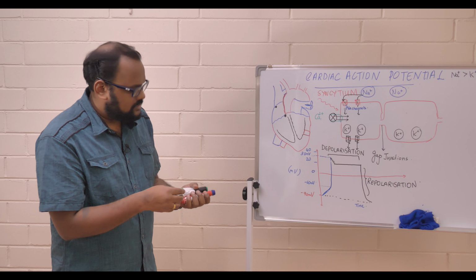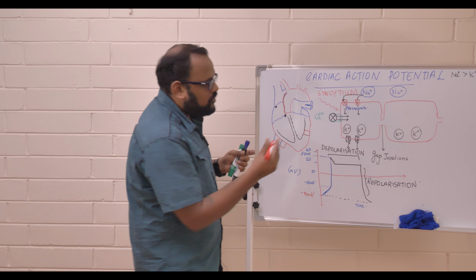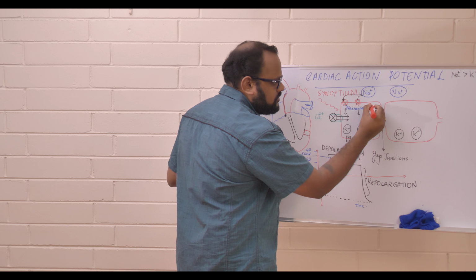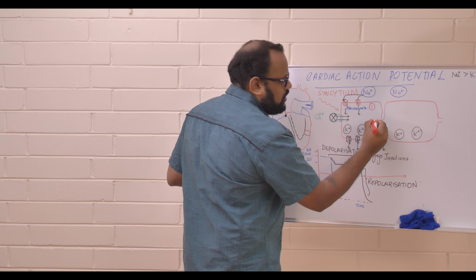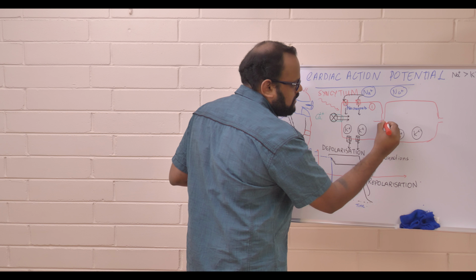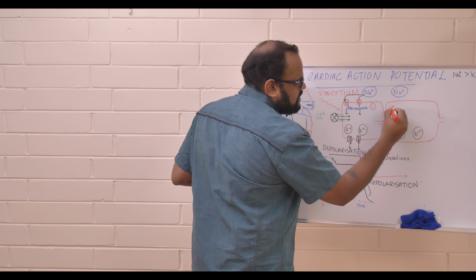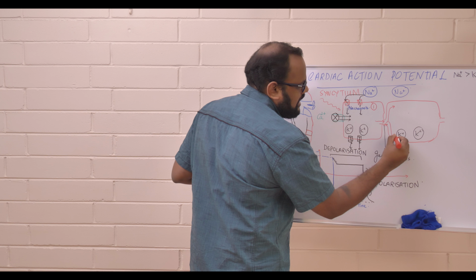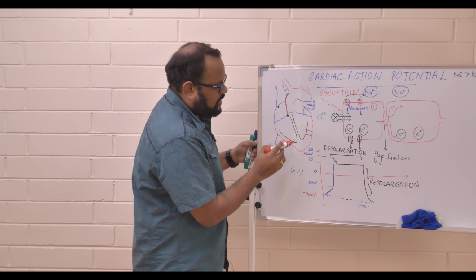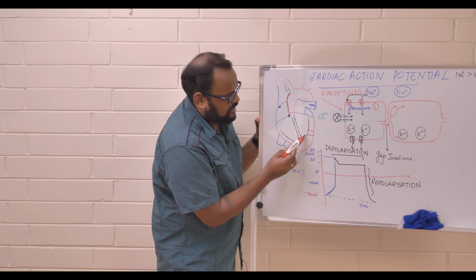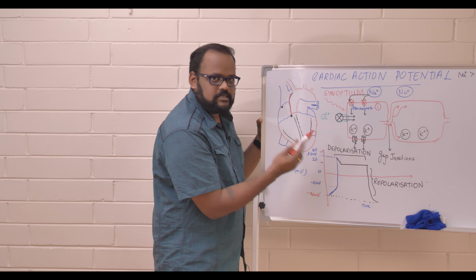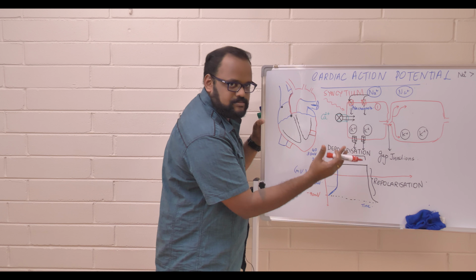And then finally, those ions, those stimuli which stimulated the first cell, will go through this syncytium or the gap junction, and stimulate the next cell to cause the same phenomenon again. And that's how the electrical potential moves from one cardiac muscle cell to the next. This is how the impulses are transmitted.